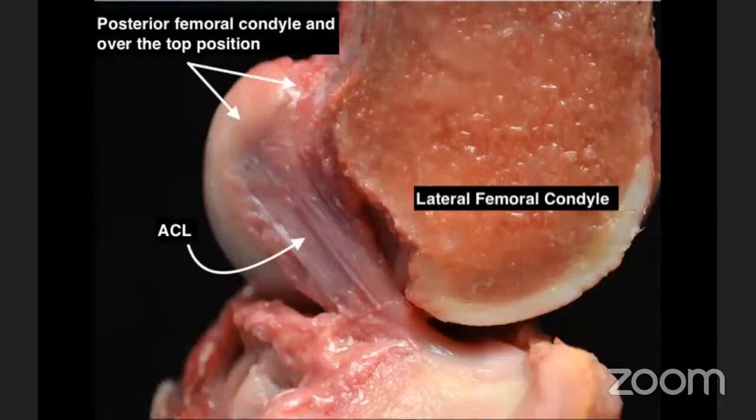The anteromedial bundle attaches proximally, as you can see in the picture here, and posteriorly to the posterolateral bundle on the femur. Together, these bundles create an attachment oriented with the long axis of the femur. That is in extension.